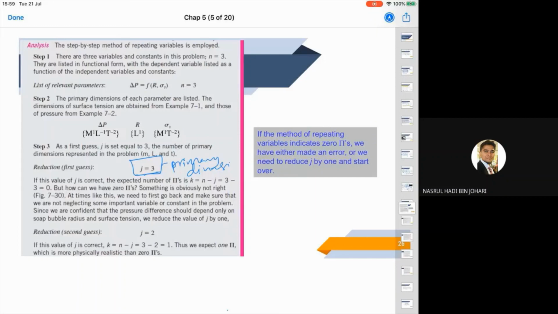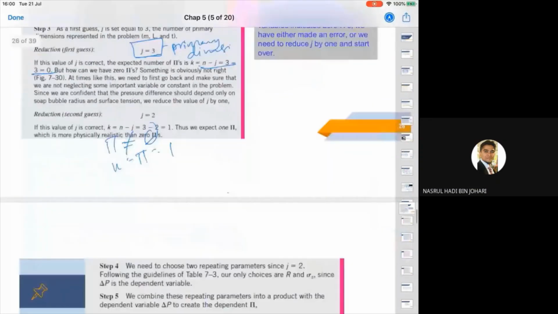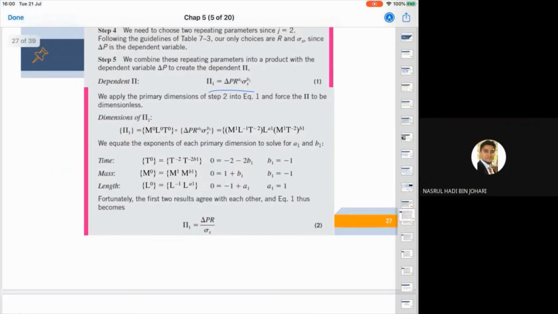The number of parameters is only 3, but whenever you put the J also equal to 3, then you get K equal to 0. That means pi shouldn't be 0. So you have to manipulate it, reduce to 2, then you can have K pi equal to 1. Okay, then you do the same analysis. So pi 1 equal to delta P R A1 surface tension B1. Okay, then you can have analysis. You finally get this one.